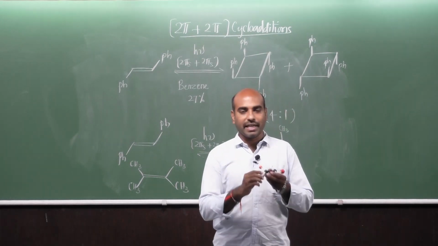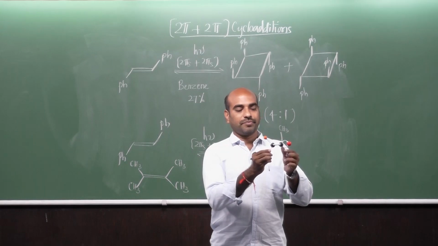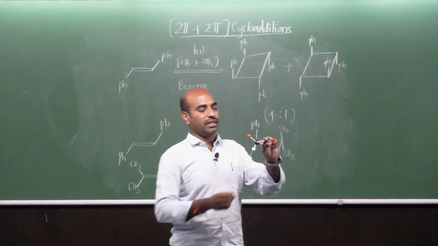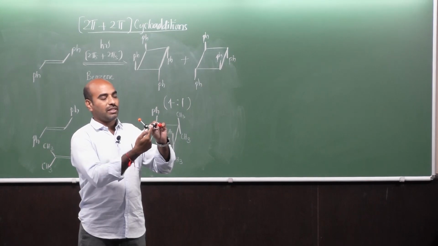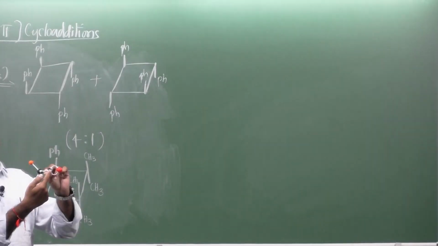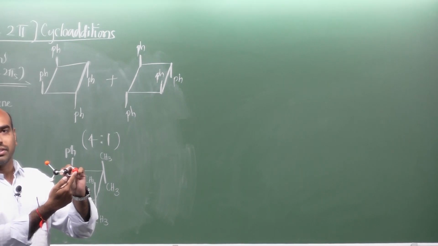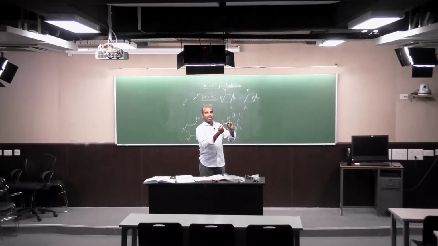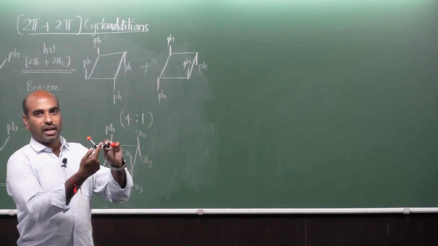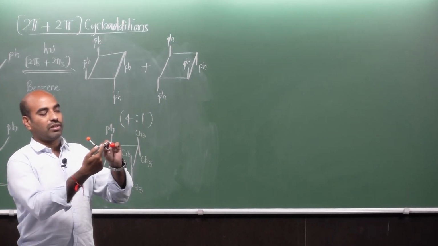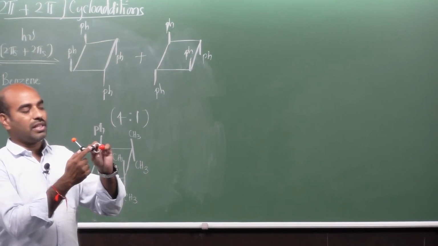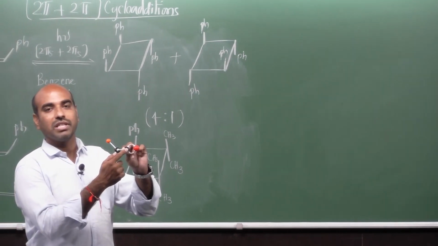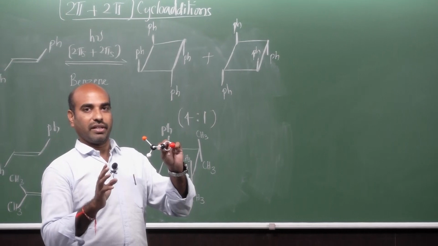So, this is a ketene molecule. If you see it carefully, this is an sp2 hybridized carbon atom and this is again an sp hybridized carbon atom, connected to the oxygen. So, a double bond is there between this carbon atom and this carbon atom, and at the same time one more double bond is there between this carbon atom and this oxygen. So, this is the carbonyl carbon atom which is less sterically crowded, right.